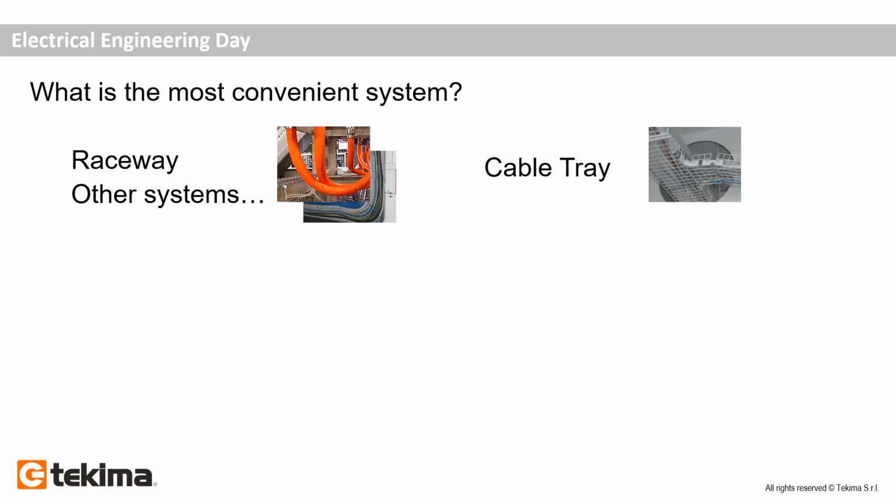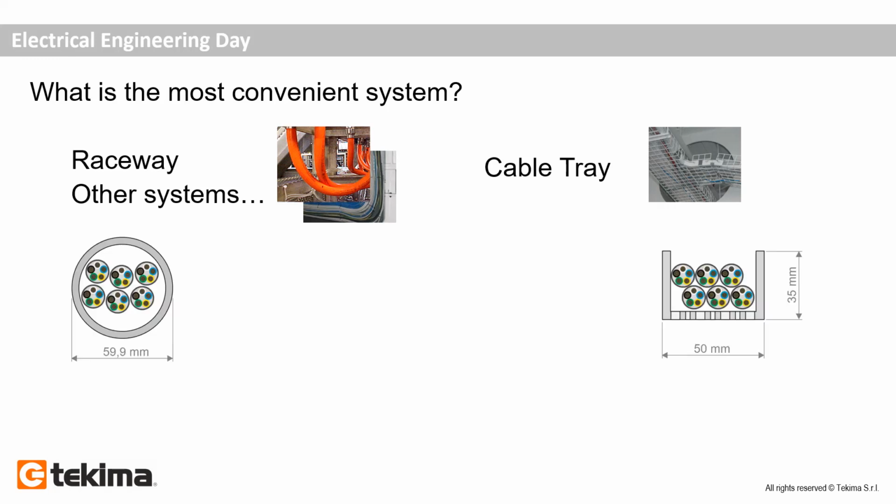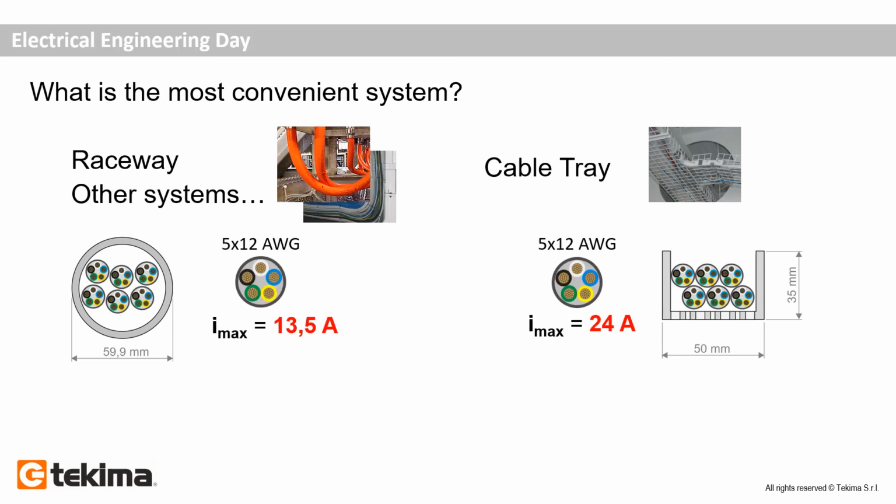So if we go back to the original question, what is the most convenient system, raceway or cable tray? The answer is related to the maximum performance that the systems allow to obtain with the cable. For the raceway, we can reach up to 13.5 amperes. With the cable tray, we can reach up to 24 amperes, so it's 77% more ampacity with respect to the raceway.